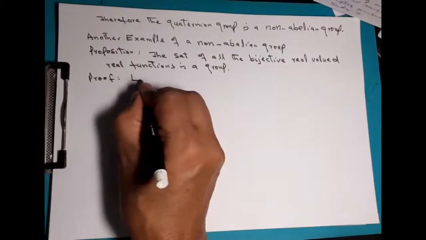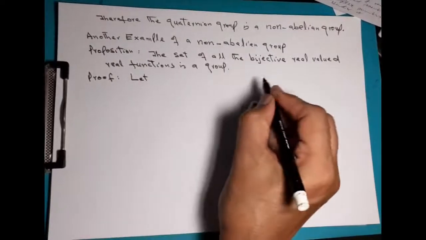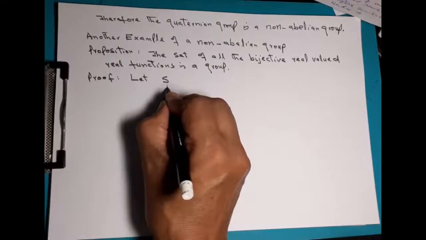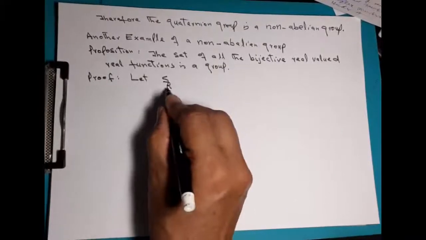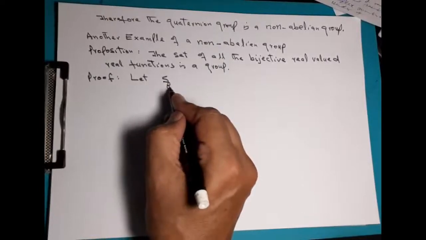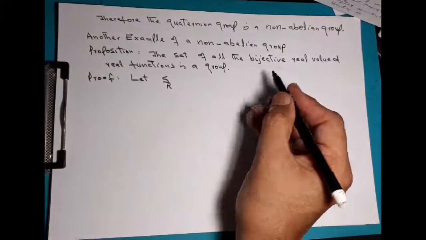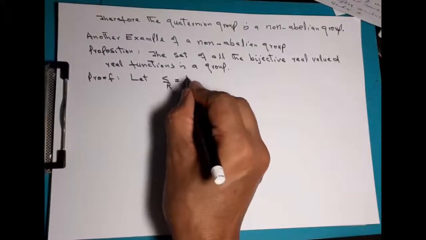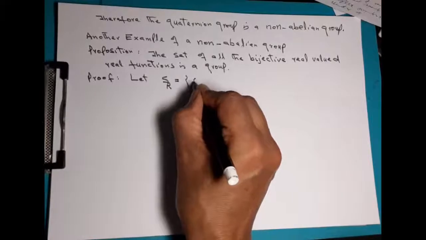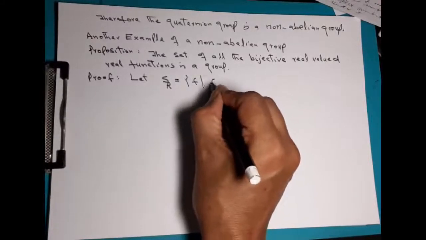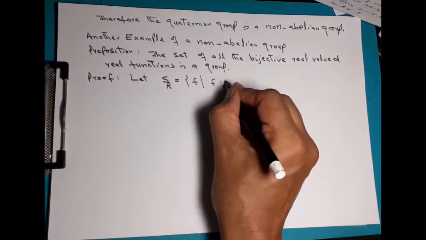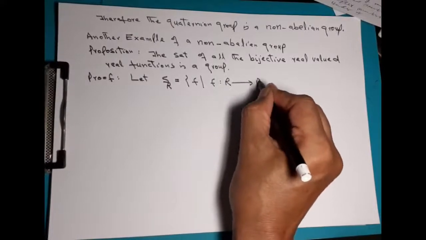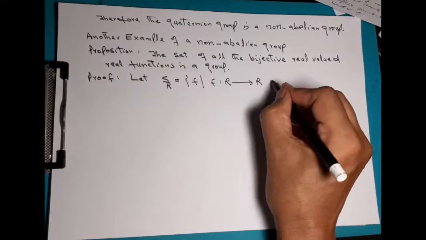Let's denote the set of all real valued real functions by SR. If you want to take a set A, then you can write it SA. Since we are taking the set of real numbers, we write it SR. So let SR be equal to f such that f is a function from the set of real numbers onto itself and is a bijection.